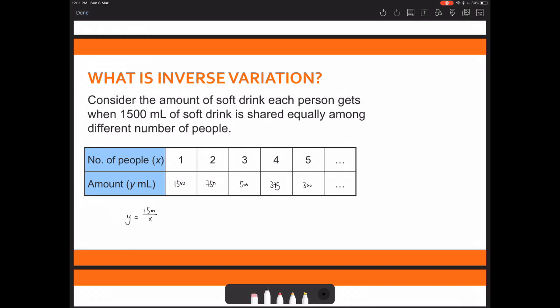If for any two quantities they satisfy this kind of equation, y equals a constant over x, then we can say x and y are in inverse variation.